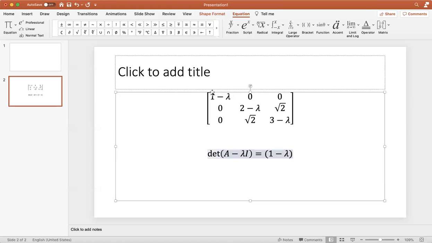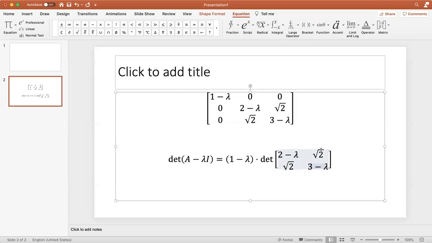Then you delete the first row and the first column, just like how we do it in a 3 by 3 matrix, and get the determinant of the remaining submatrix. I'm doing this step by step. So that's 2 minus lambda, square root of 2, square root of 2, and 3 minus lambda.